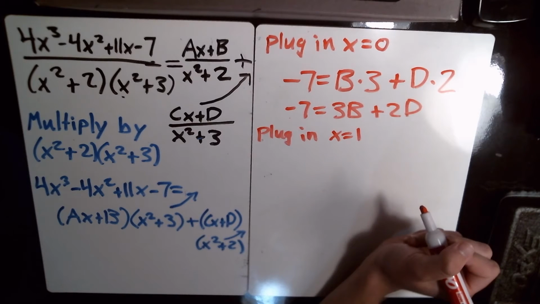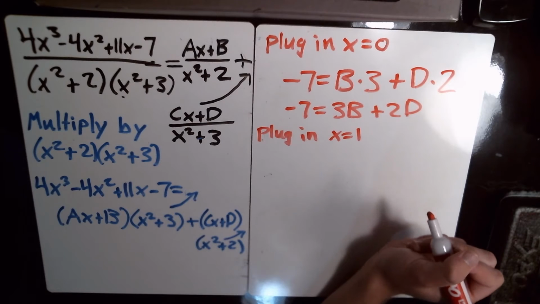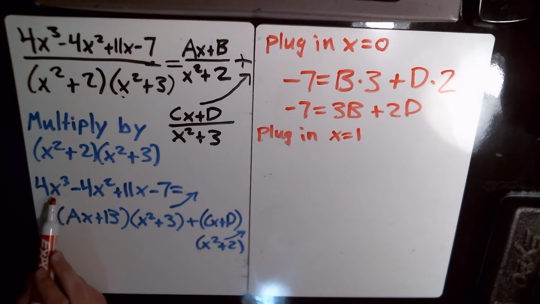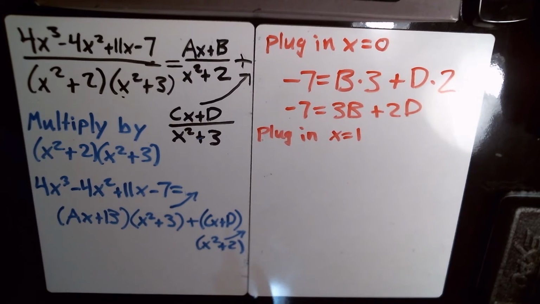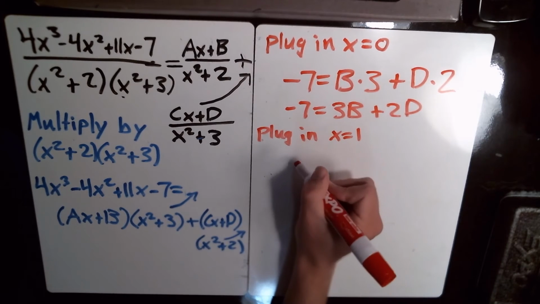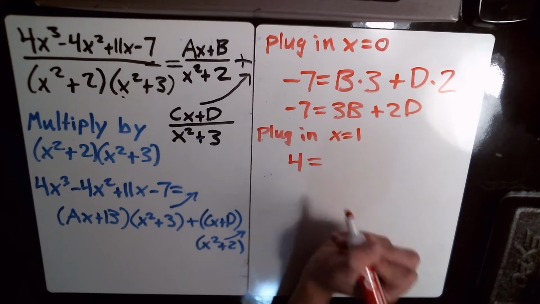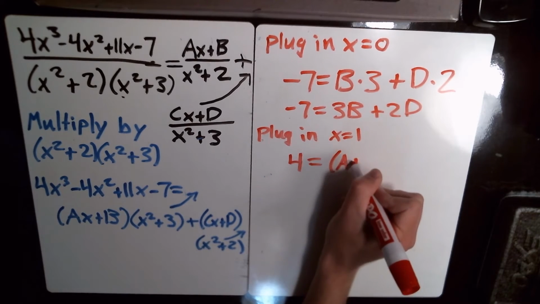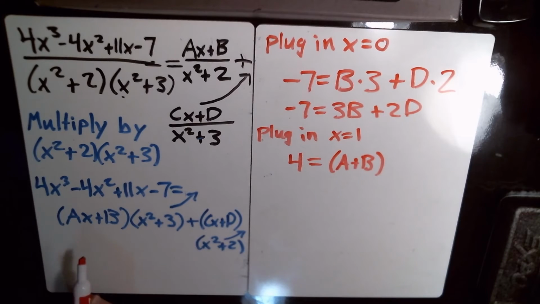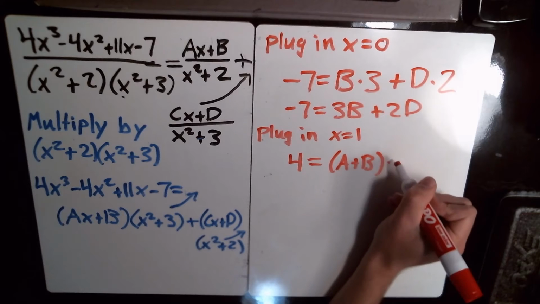So, yeah, we'll plug in x equals 1. So we get 4 minus 4 is 0, 11 minus 7 is 4. Okay, 1, so a plus b. And then 1 squared plus 3 is 4.